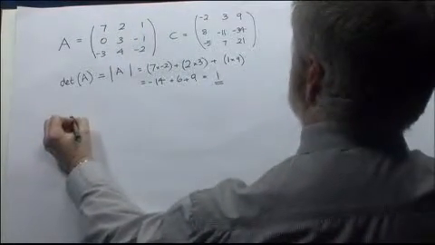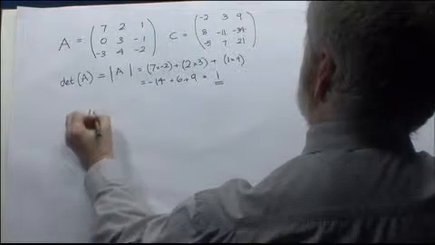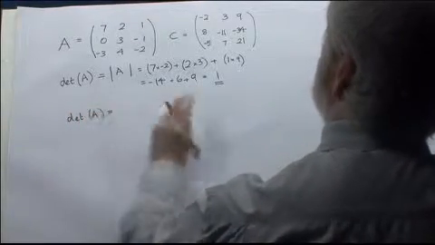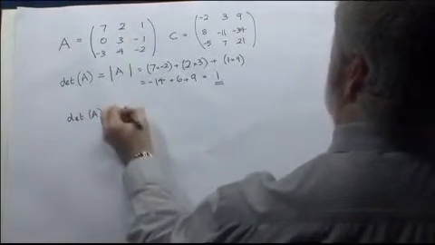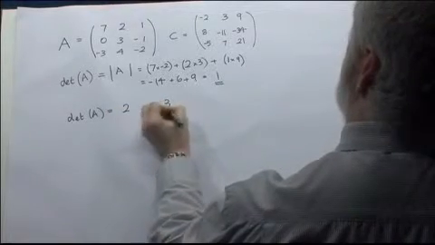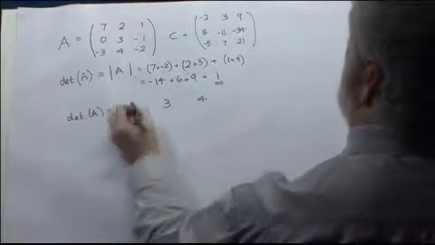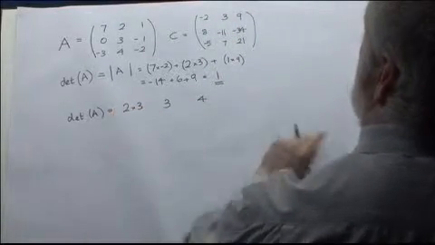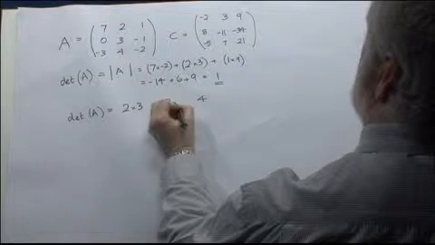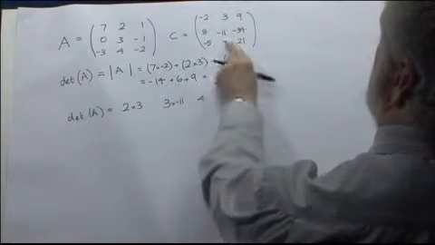So if we're going to use the second column to work out the determinant of A, we've got elements 2, 3 and 4. And we multiply these by their cofactors. 2 gets multiplied by 3, 3 gets multiplied by minus 11, and 4 gets multiplied by 7.